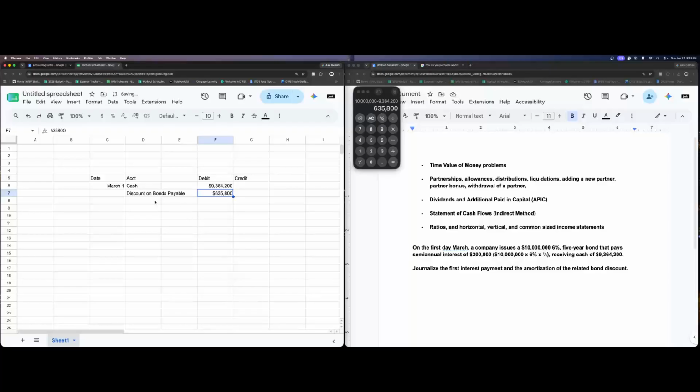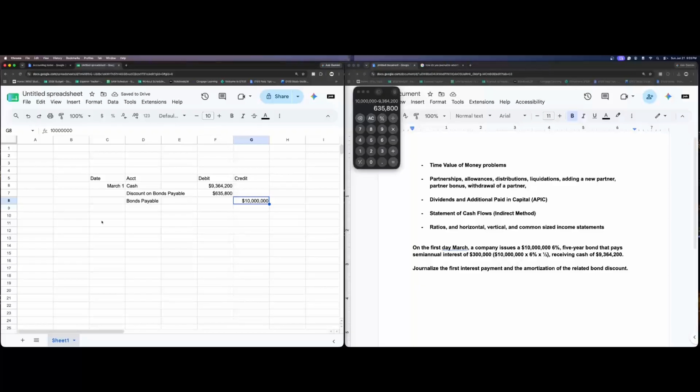So that's the discount on the bonds payable. But the bonds payable will be $10 million, as you guys can see.